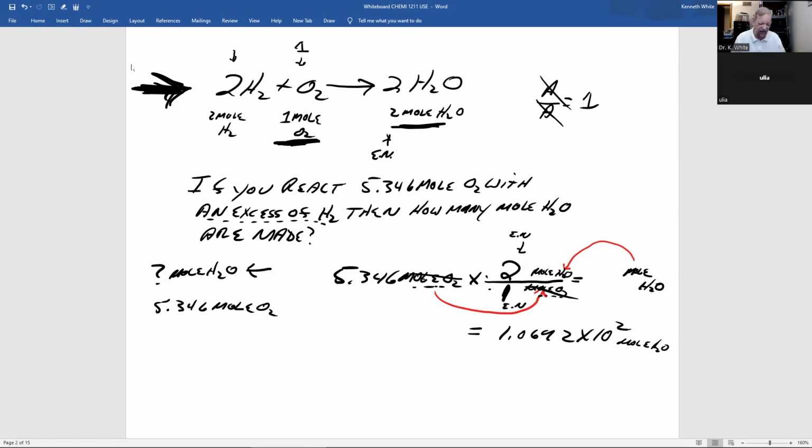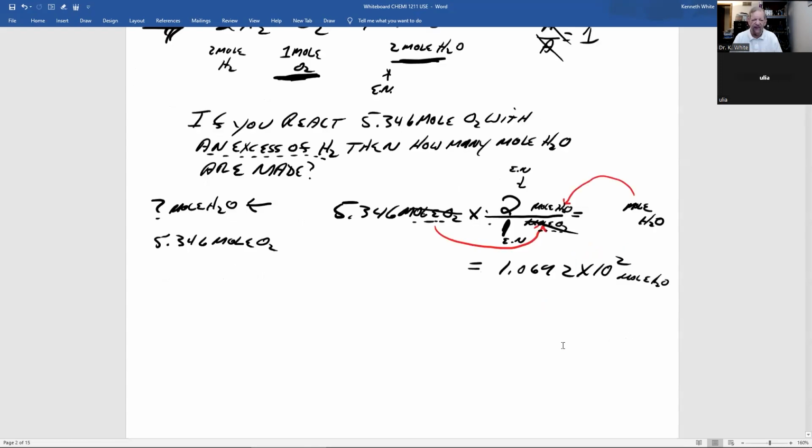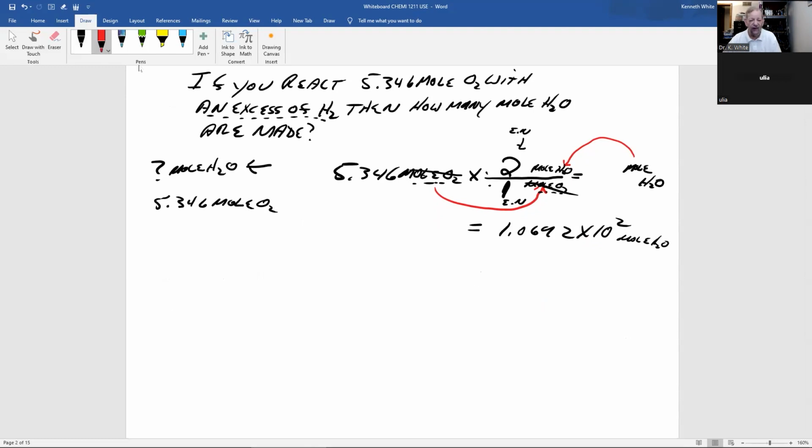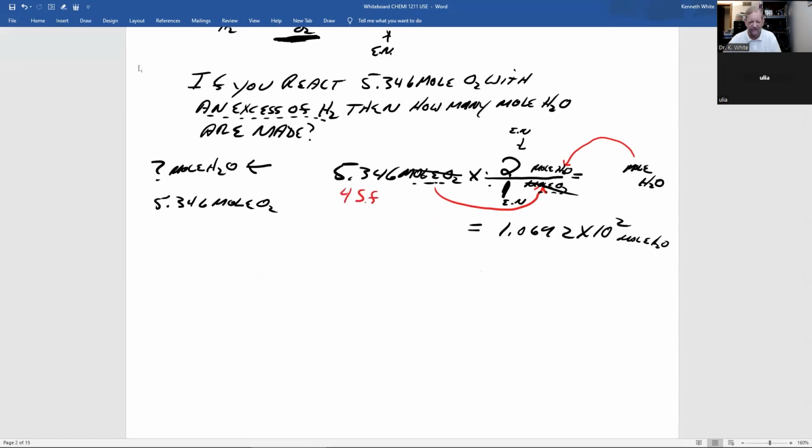Now, as I said previously, on test 2, it'll say, please use proper significant figures for all calculated answers. And therefore, for this one, we look here, and this is for significant figures.